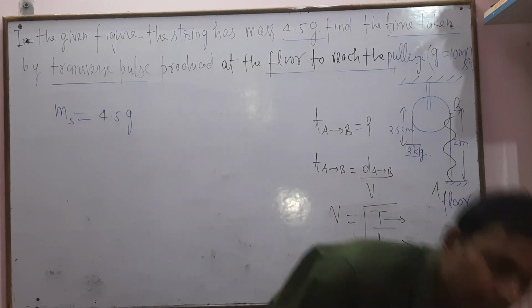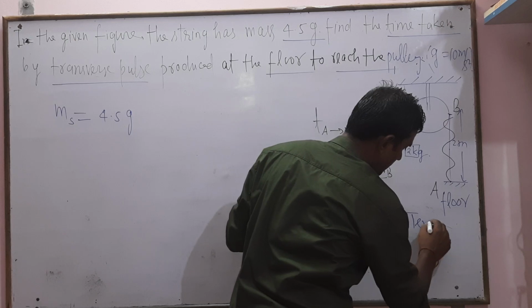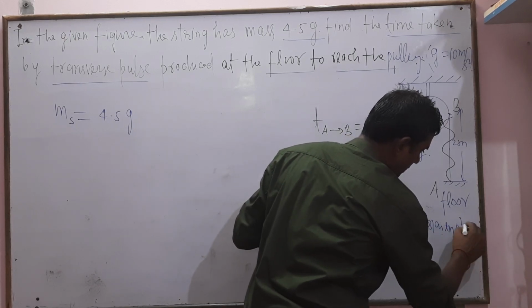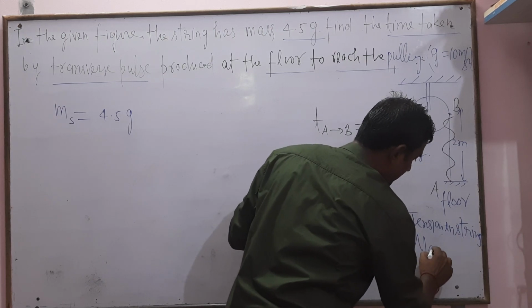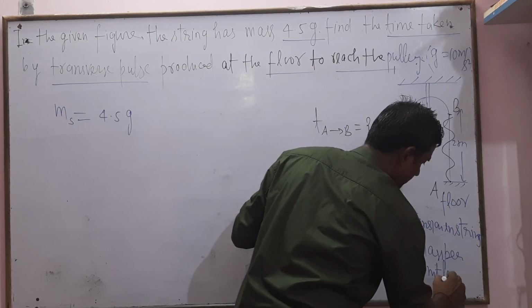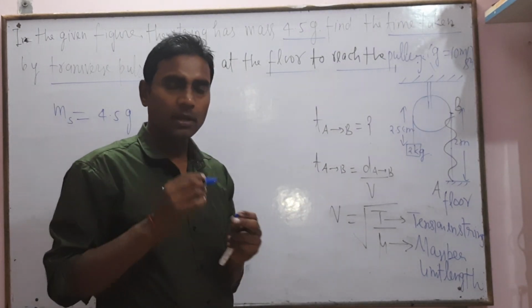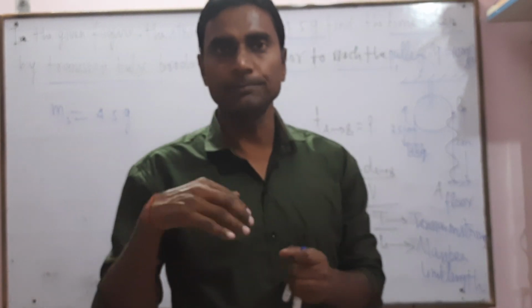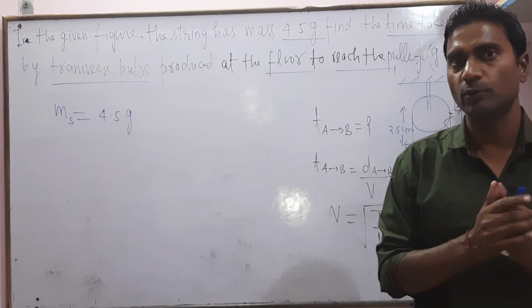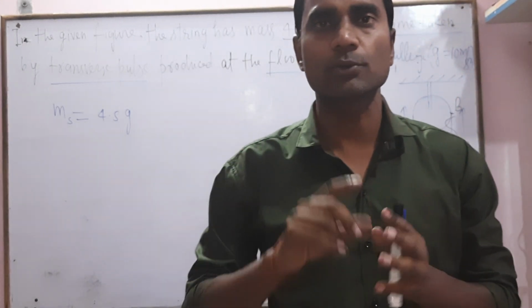So the speed of a transverse wave in a string equals root of T by mu.